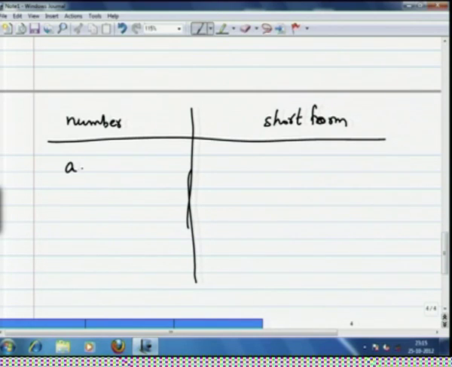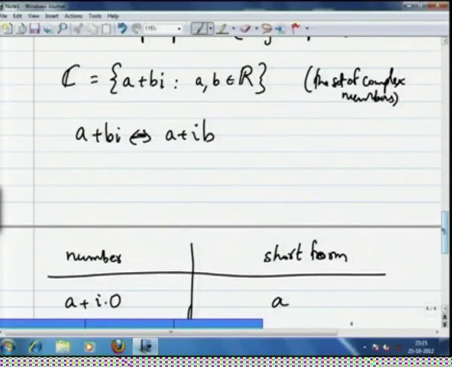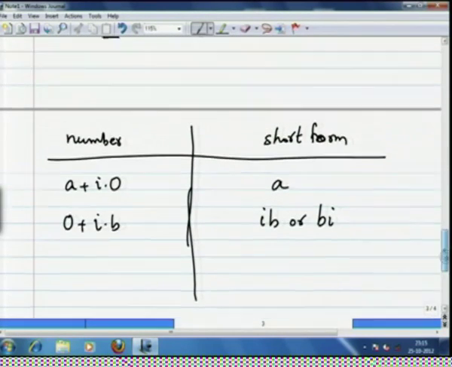A number of the form a plus I times 0 is often written just a. So, if I just write a real number a and call it a complex number, I am referring to the complex number a plus I times 0. This is a short form, and a number of the form 0 plus I times b is often written as I b or b I. Like I said, I am going to write I b or b I in that form.